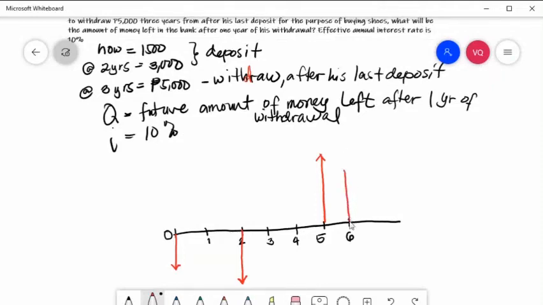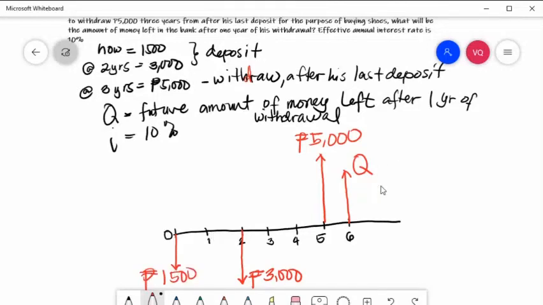Example kastalatan. This is Q. This is 5,000. This is 3,000 and 1,500.